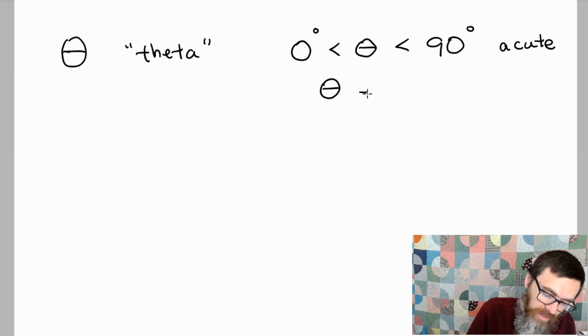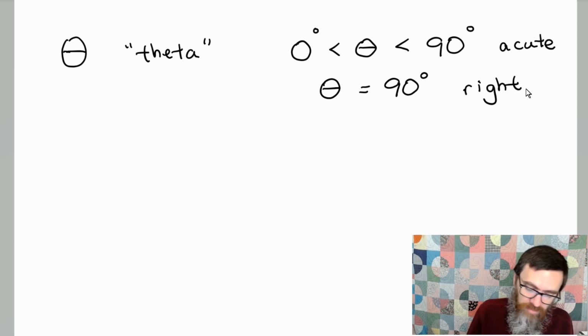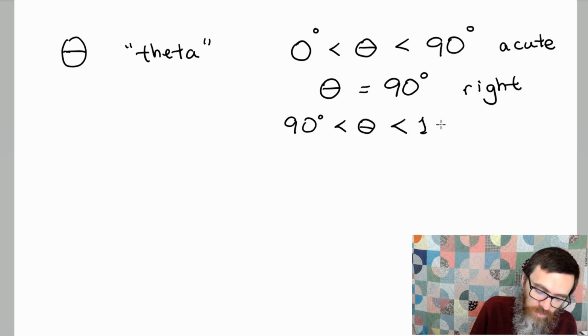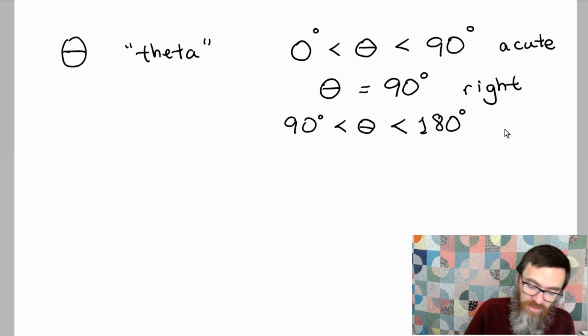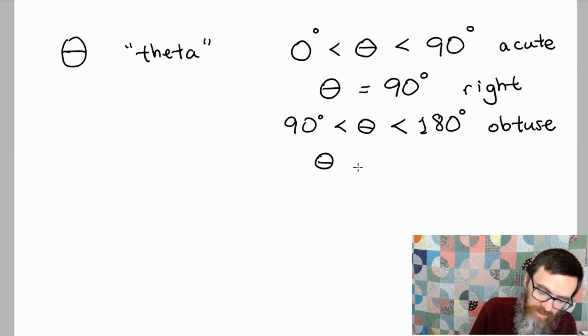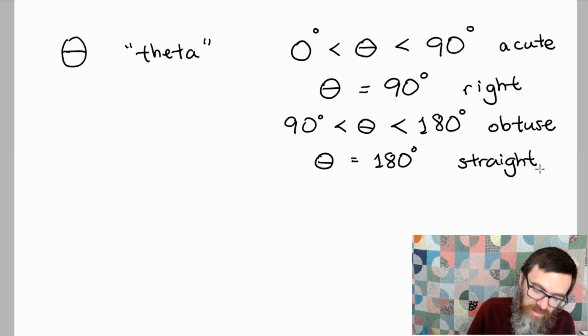If your theta is exactly 90 degrees, we have the classic right angle. If theta lies between 90 and 180, not including either of these, then we have what's called an obtuse angle. And finally, if our theta measurement is 180 degrees, then we have a straight angle.